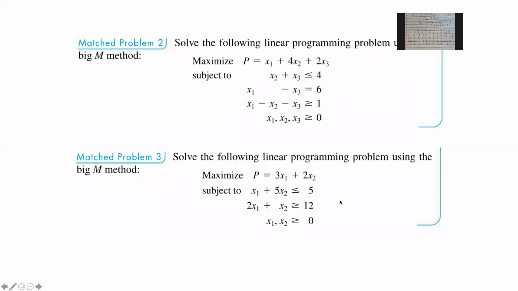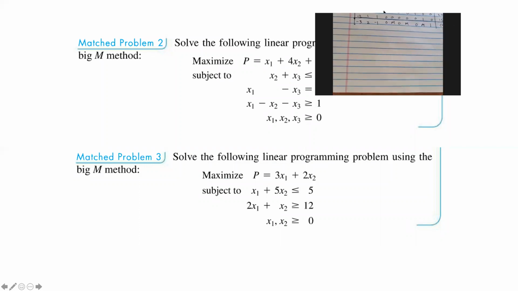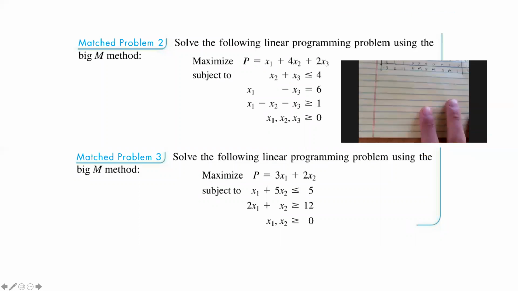Now, let's talk about how we set up these problems. And I'm going to pause, and why don't you see if you can set up, well, here, we'll do match problem 2 together, one more, okay? We'll do one more together to make sure we're on the same page. I'm not going to rewrite the problem out, but I'm going to rewrite the modified part out, okay?